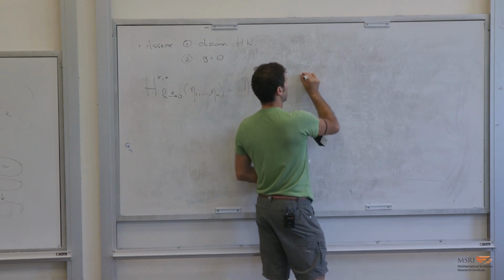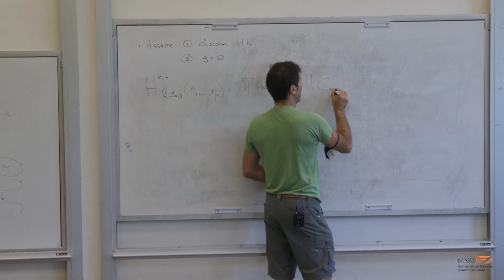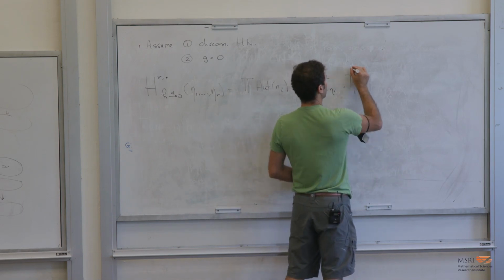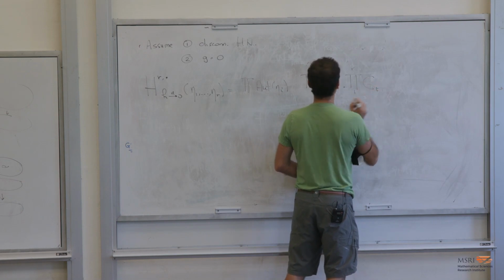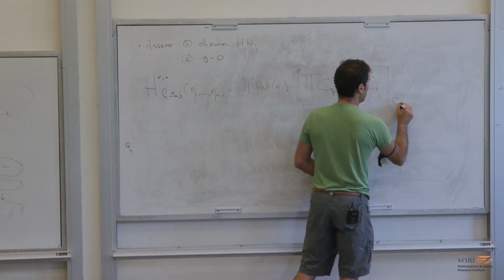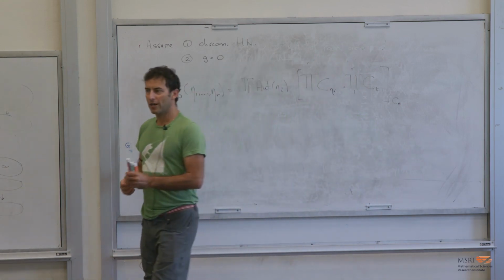It is the product of C_{eta_i} times the product from 1 to r of C_T, and then I look at the coefficient of C_E. And what are you talking about?